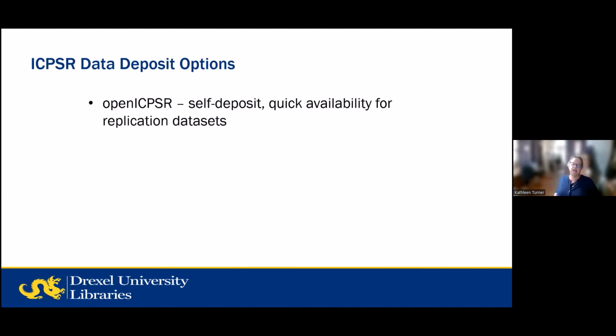So deposit options with ICPSR. Very briefly, there's 3 different options available. One is Open ICPSR, which is basically a self-deposit mechanism quickly available for replication data sets. Or data can actually be donated to the ICPSR member archive.